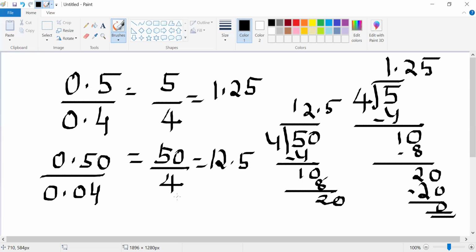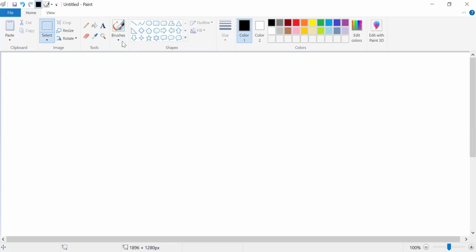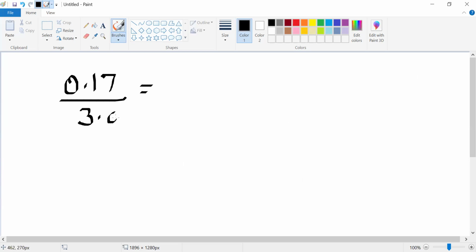Another example, suppose 0.17 divided by 3. So the numerator is a decimal, the denominator is not a decimal. So make it like decimal, I can put 0, 0. So this has become 17 by 300.